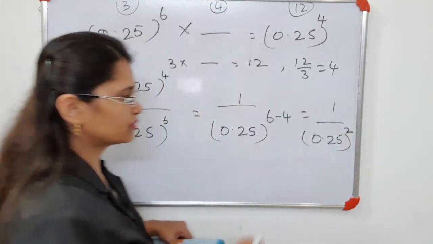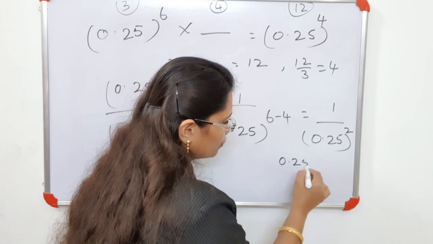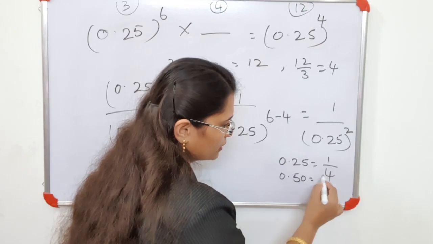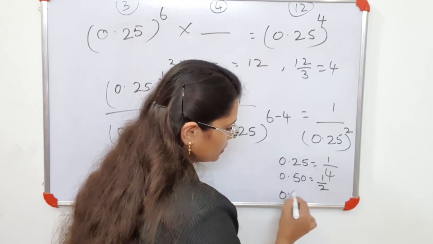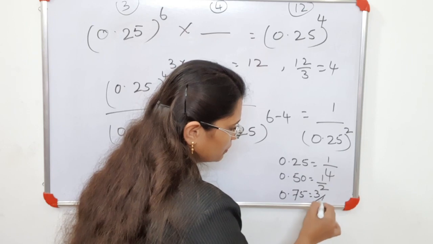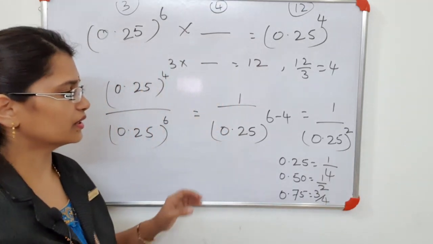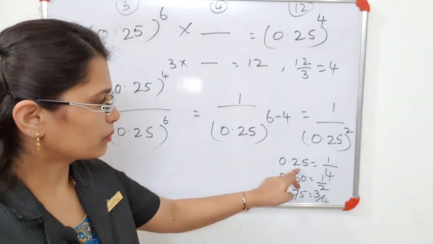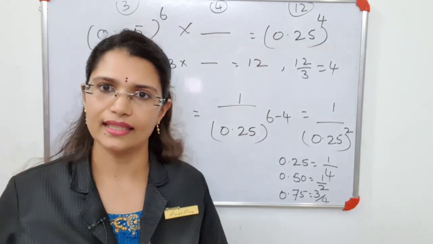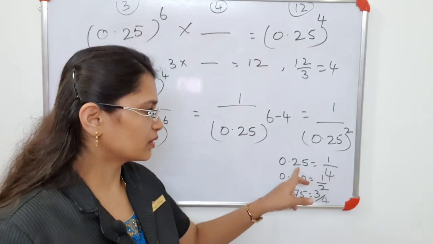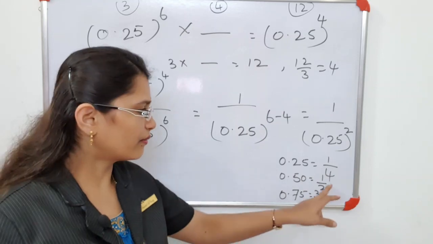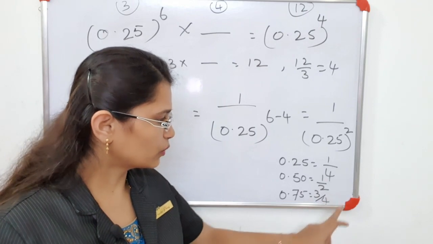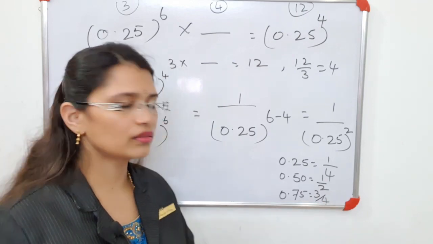You have already studied that 0.25 is equal to 1 by 4, 0.50 or 0.5 is equal to 1 by 2, 0.75 is equal to 3 by 4, right? So here the answer we must get in natural number, so we are writing 0.25 is equal to 1 by 4. Keep this in mind: quarter is equal to 0.25 or 1 by 4, half is equal to 1 by 2 or 0.5, and 3/4 is equal to 0.75 or 3 by 4.